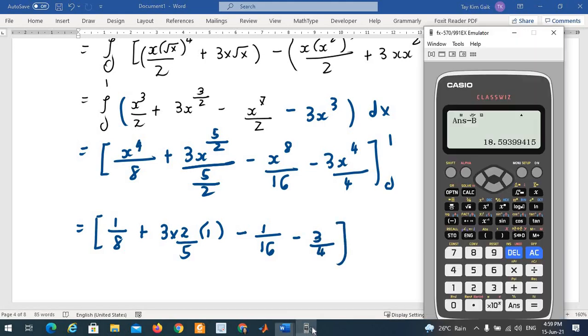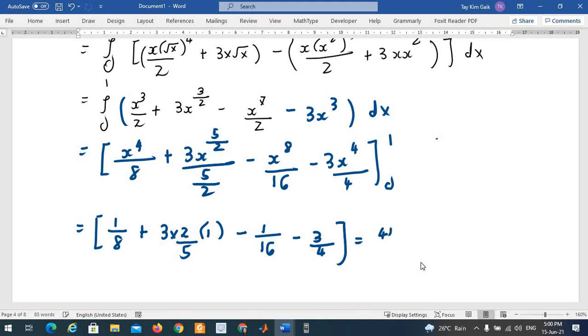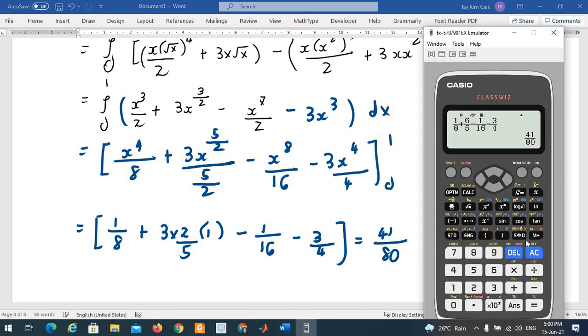Okay, we quickly use a calculator. So 1 divided by 8, plus, this is 6 over 5, and then minus 1 over 16 minus 3 over 4. So 41 over 80, 0.5125.